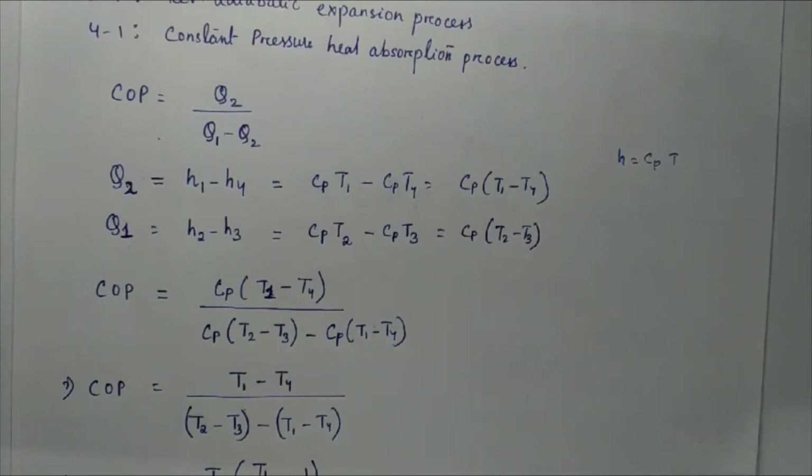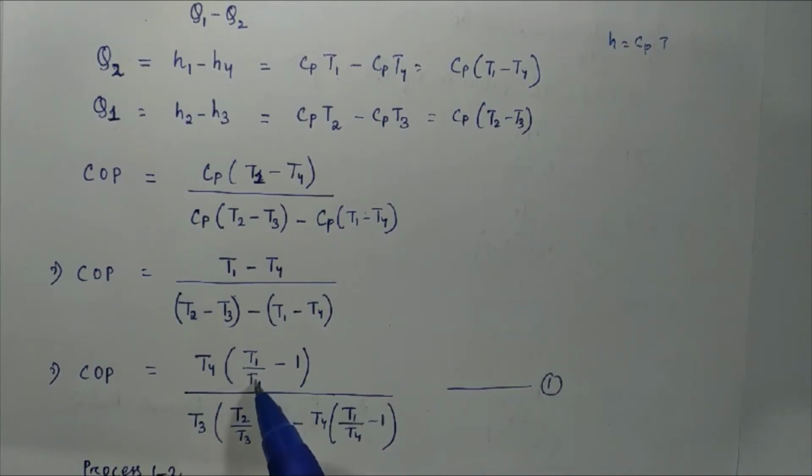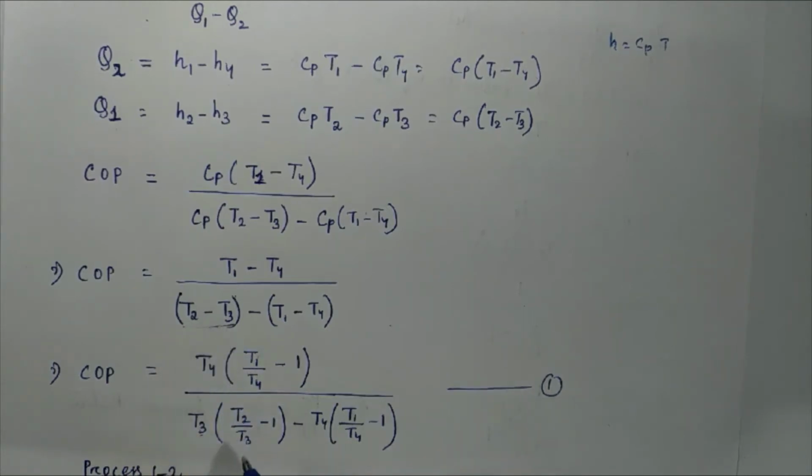Now in the numerator we take T4 to be common, and it becomes T4 into (T1 by T4 minus 1). In the denominator we take T3 to be common from the first expression, which becomes T3 into (T2 by T3 minus 1), and from the second expression we take T4 to be common, and it becomes T4 into (T1 by T4 minus 1).